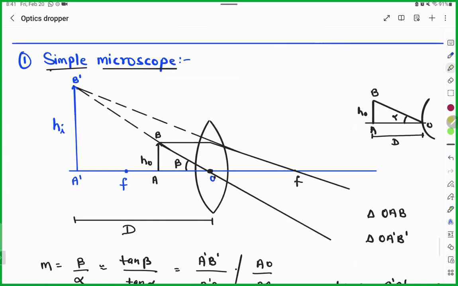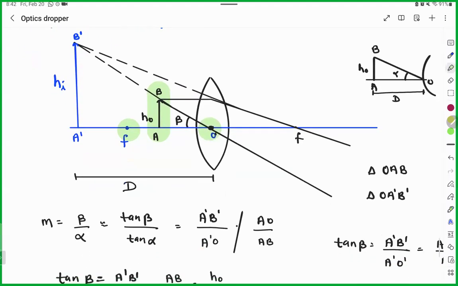So, for example, if you take a simple microscope and you place the object between the focus and the optical center, in this case a bigger picture will form, which is virtual and erect, as you can see here.